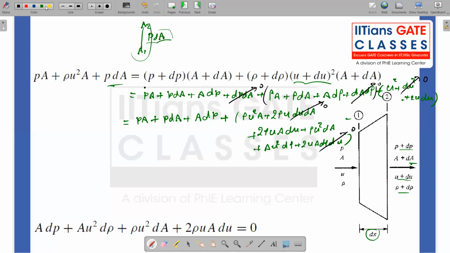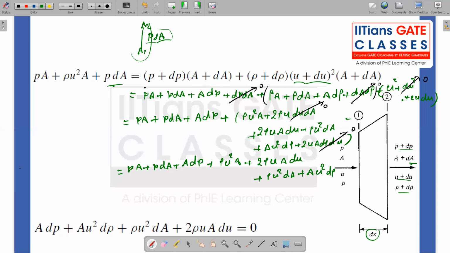What I am left with in the right hand side is PA plus P dA plus A dP plus rho u square A plus 2 rho u A du plus rho u square dA plus A u square d rho, right? So this is what I am left with.